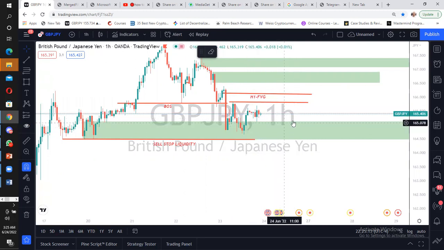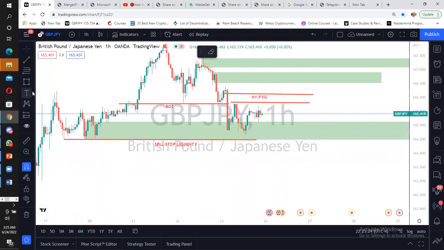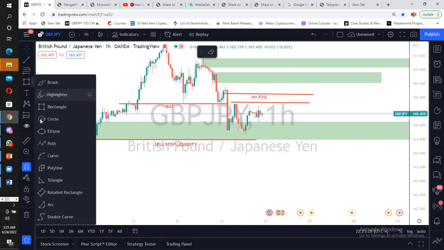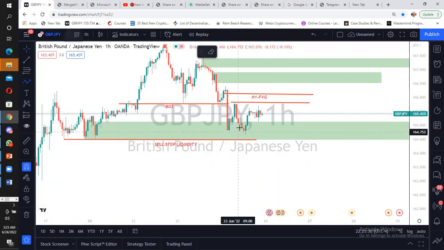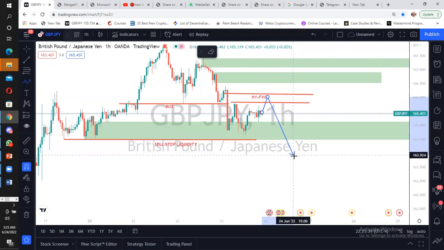So what we want to see is, and here we'll have a fair value gap, that need to push this to the upside. Therefore, here push to the downside. We'll have this push to the upside, then push to the downside to clear this liquidity.